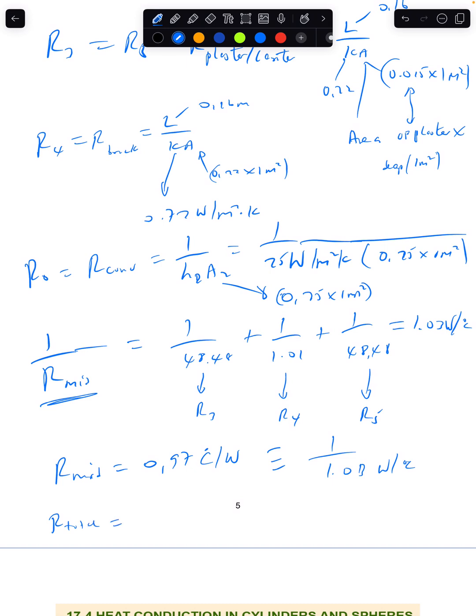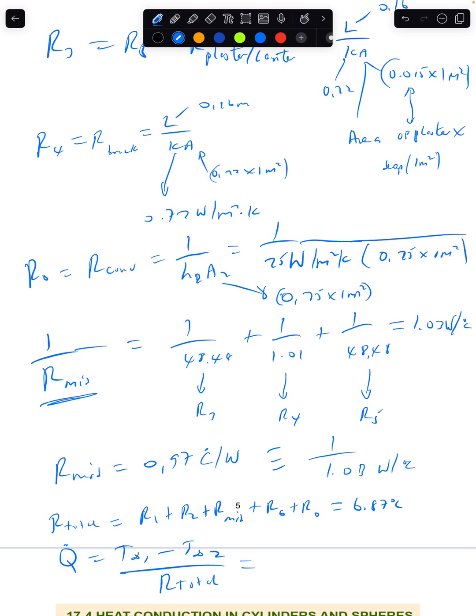Therefore we know that the total resistance for the system will become R1 plus R2 plus R mid plus R6 plus R o, which is going to give us 6.87 degrees Celsius per watt. So the rate of heat transfer for the system will become T infinity 1 minus T infinity 2 over R total.